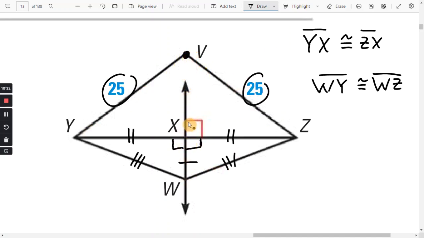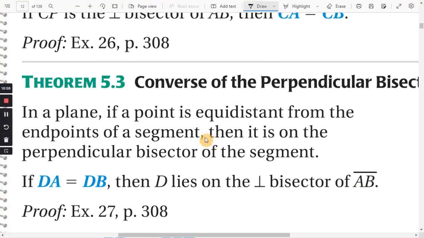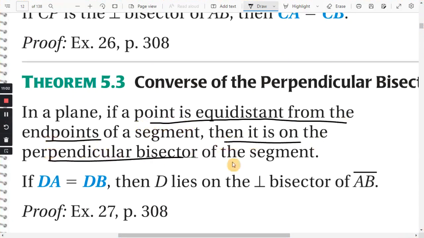It's given in the problem that WX is the perpendicular bisector, so that means V is going to be on the perpendicular bisector. V is on the perpendicular bisector since it is equidistant to the endpoints. Equidistant means it's the same distance. You can see right here it's 25 on both. And we said that before. If the point is equidistant from the endpoints, then it is on the perpendicular bisector.